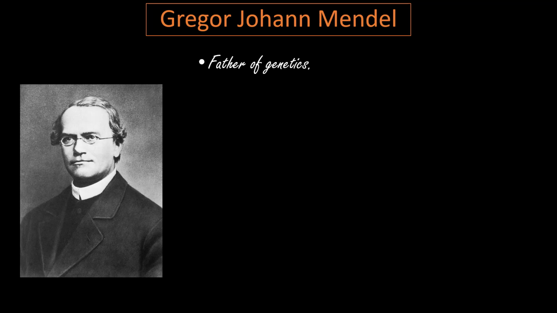started by a person, and he was none other than Gregor Johann Mendel, and he is regarded as the father of genetics. So let us first understand what genetics refers to. When we talk about genetics, it's a branch of biology where we talk about inheritance and variations in simple terms, right?